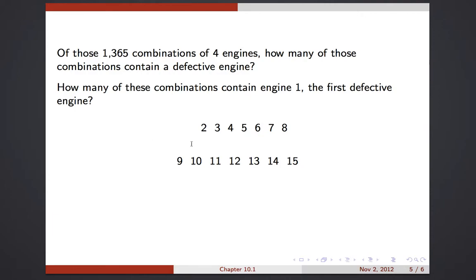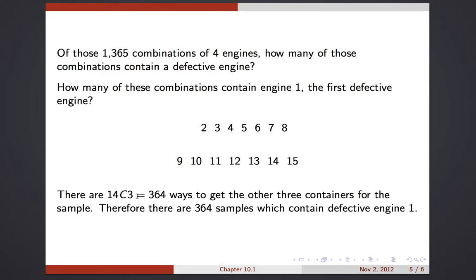Well, what's left? Engines 2 through 15 are left. And if we want a total sample of size 4, then now we're talking about choosing 3 of these remaining ones. Engine 1 already accounts for one of those engines, and so now we need 3 more engines that will come from this list.